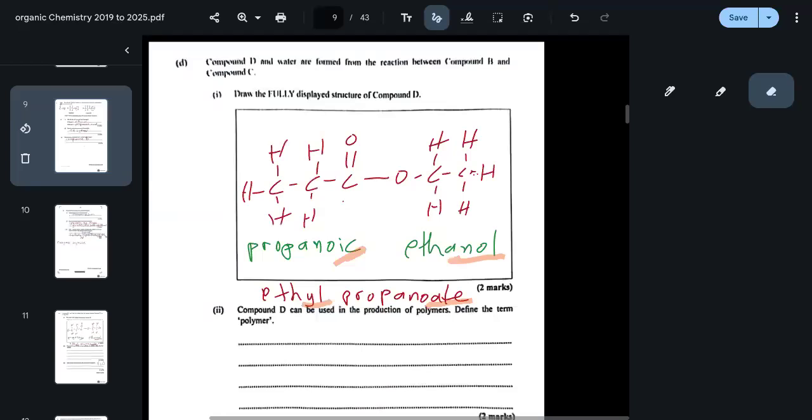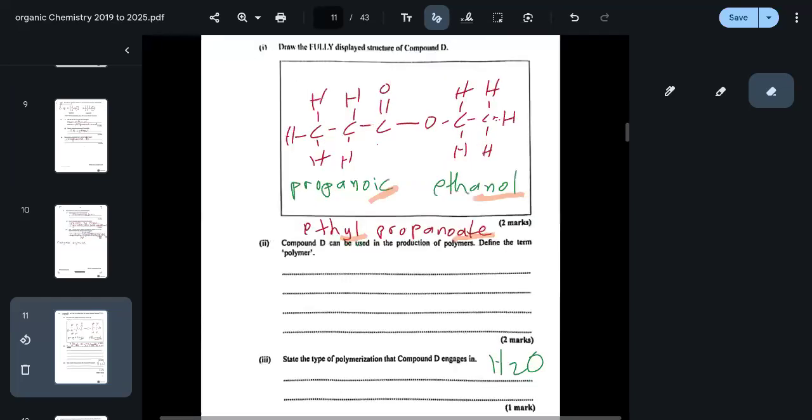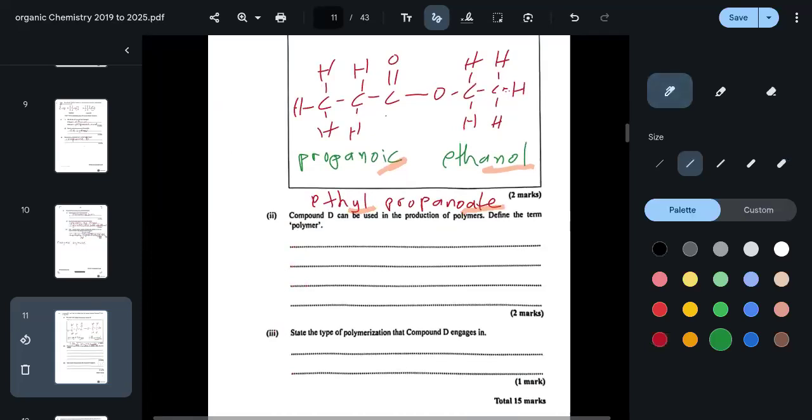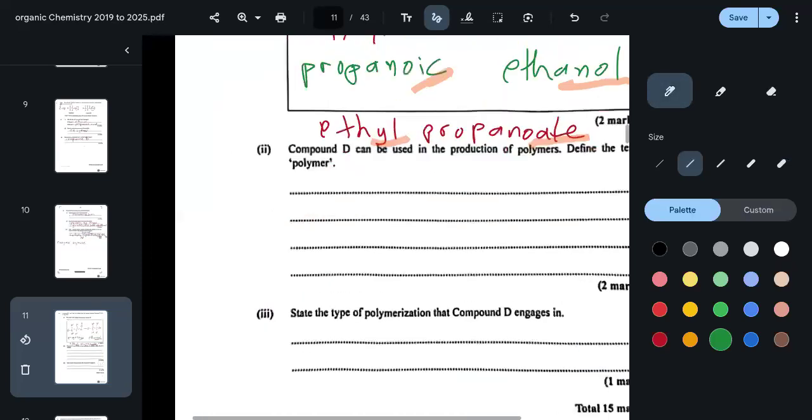By the way, there are two types of polymerization: addition and condensation. Alkenes do addition polymerization. So you see, once it's not an alkene, condensation is the answer.